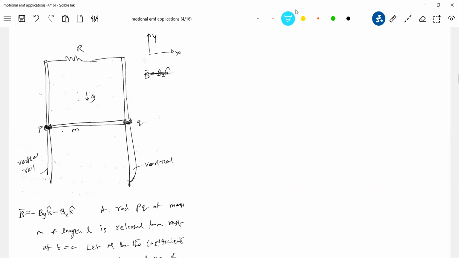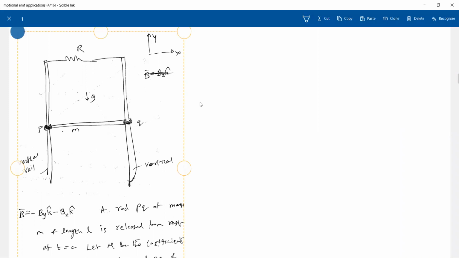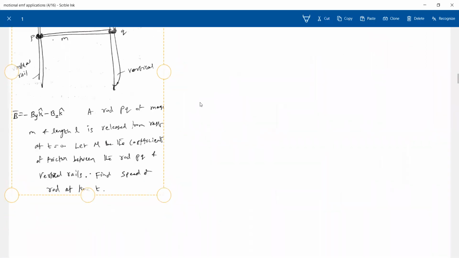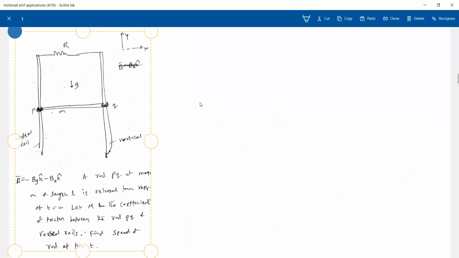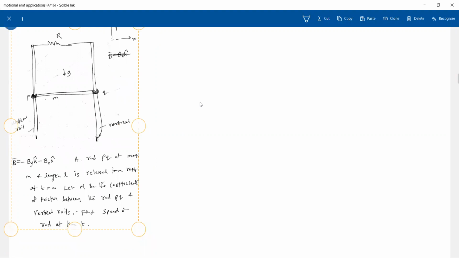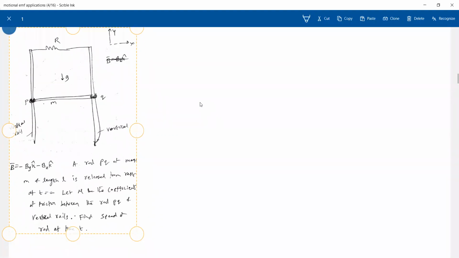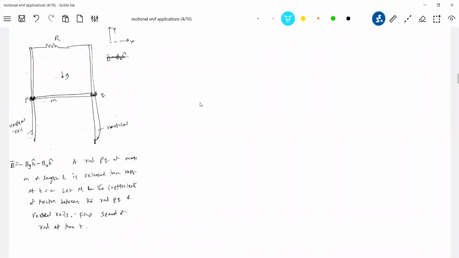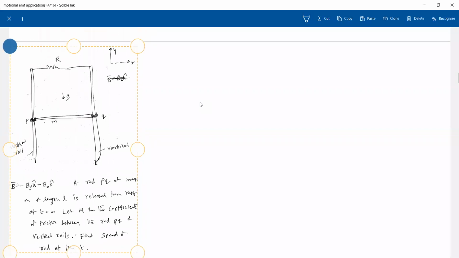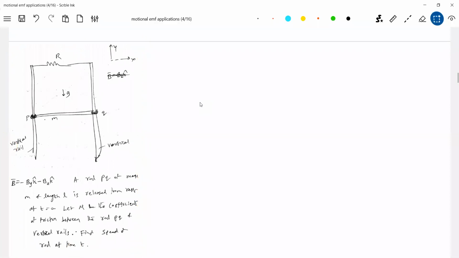Okay, now we'll bring in the idea of friction. Read the question.